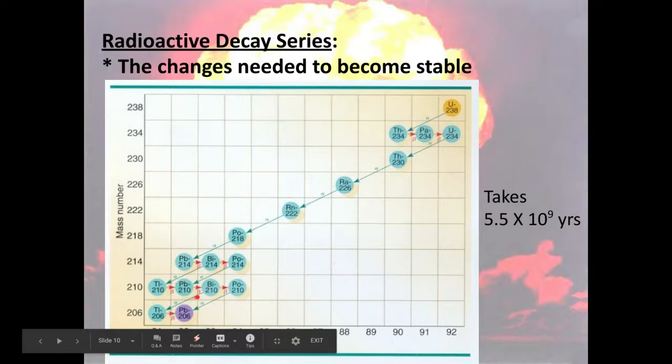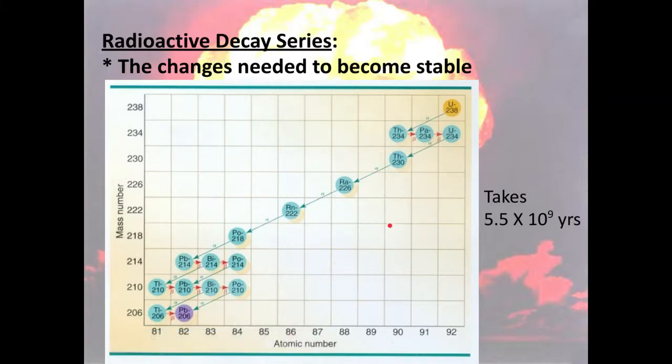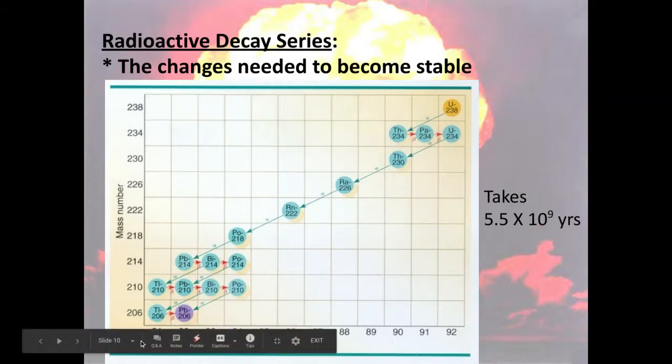It keeps going in all these different directions in this decay series. So there are a lot of intermediary steps that really we skip over and we don't worry about.